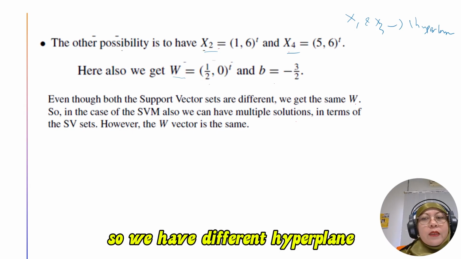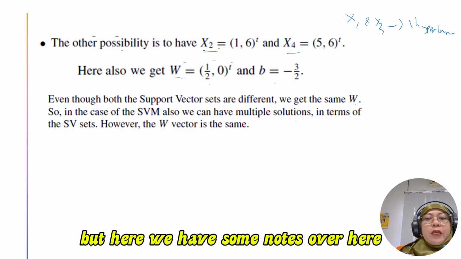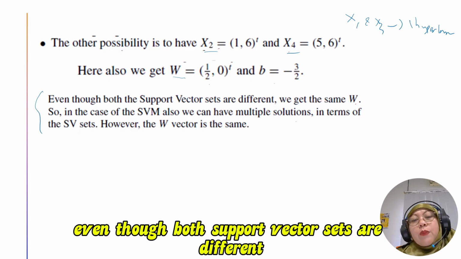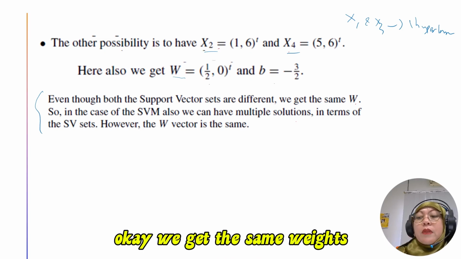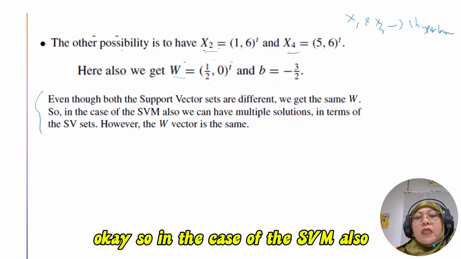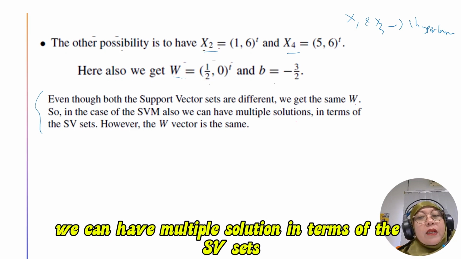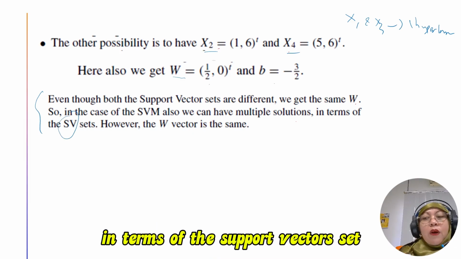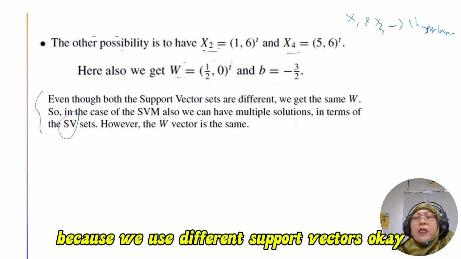So we have a different hyperplane, but here we have some notes. Even though both support vector sets are different, we get the same weights. So in the case of SVM we can have multiple solutions in terms of the support vector set, of course, because we use different support vectors.